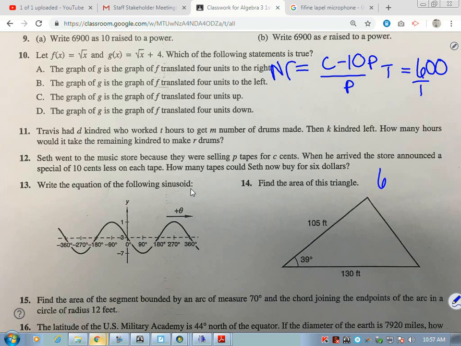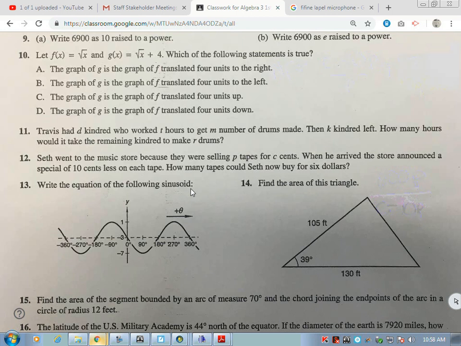So what I'm going to get is 600P over C minus 10P. Any questions about that? Biggest deal is trying to get that rate right and then get the change in it correct.